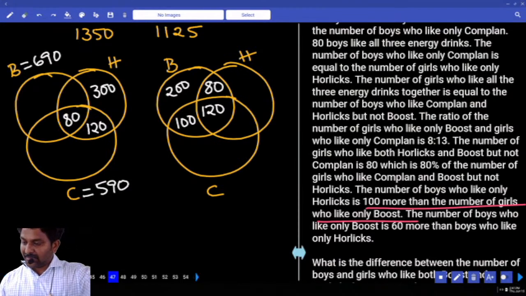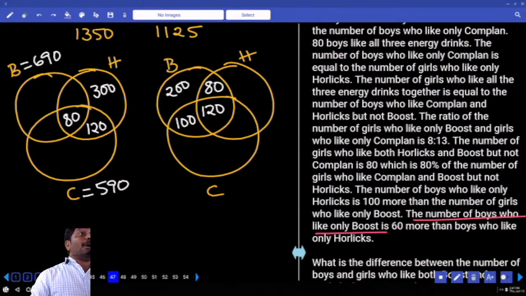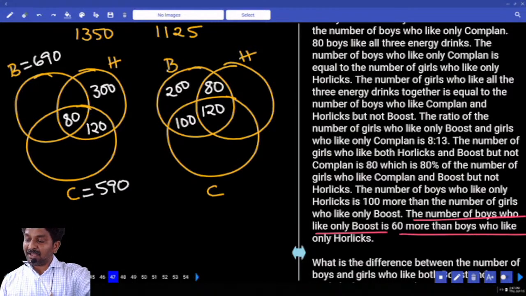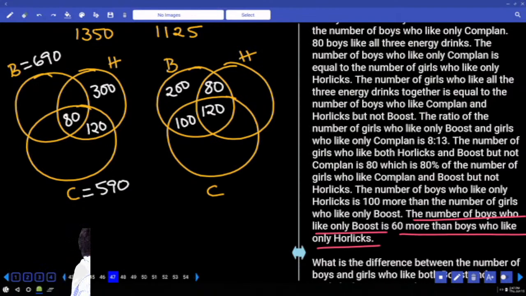Yes. Number of boys who like only Boost, do you have it? No. It is 60 more than boys who like only Horlicks. Boys who like only Horlicks, 300. They said 60 more. So that is only Boost, right? How much is this? 360.